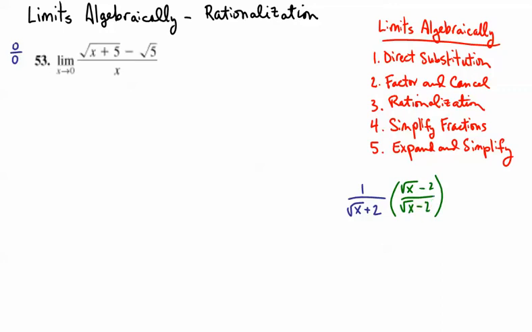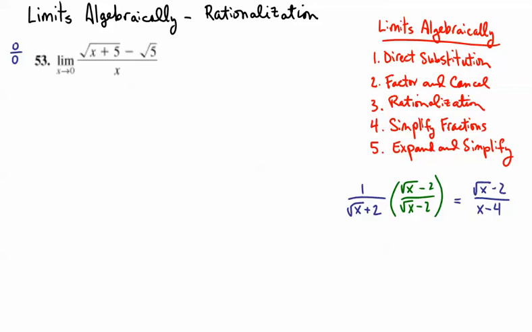And when we multiply that out, we're left with square root of x minus 2 over, and the denominator now becomes a difference of two squares, which is first term squared minus second term squared, or x minus 4. So we're going to use this type of procedure to help us simplify our limit expression.